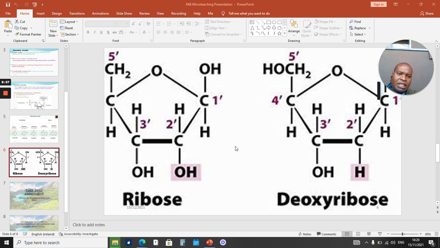So these are the 2 types of sugars that make up the nucleic acids. So a nucleotide could either have a ribose sugar or a deoxyribose sugar. Are we together, class?